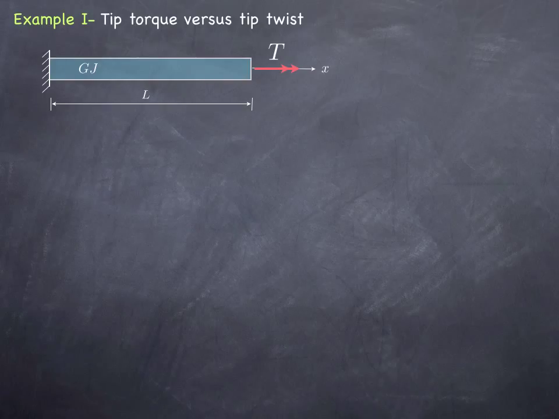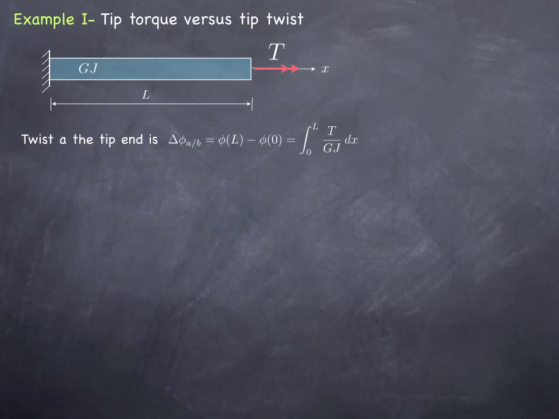Okay, so let us now take a look at an example where this formula is applied. Let us assume that we have a shaft fixed on its left end with a torsional stiffness of GJ, length L, and let's say that we have an applied torque of positive T at the right end. So the twist at the tip is, according to our formula, phi L minus phi 0, and phi at x equals 0 is 0.